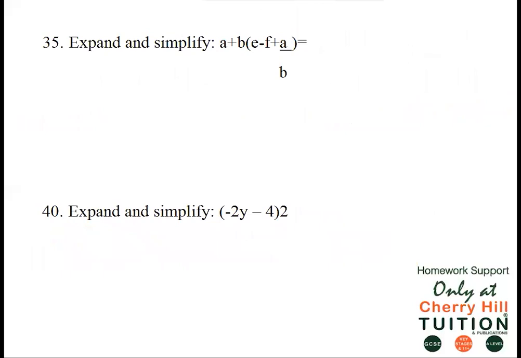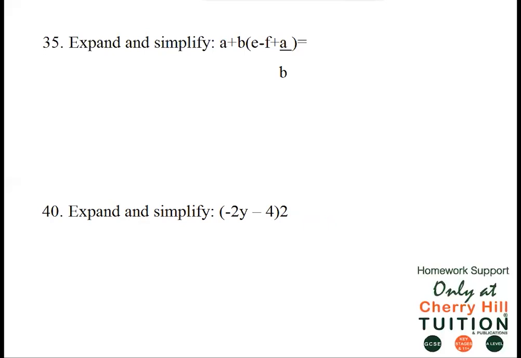Okay, so we now have a different set of questions. We have a plus b multiplied by open bracket e minus f plus a over b close bracket. Okay, so in this question, we only need to multiply whatever is inside the brackets by whatever is touching the brackets.